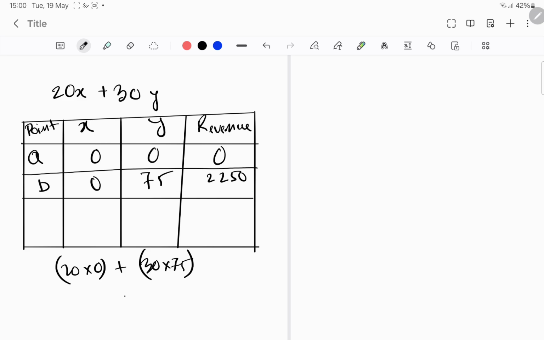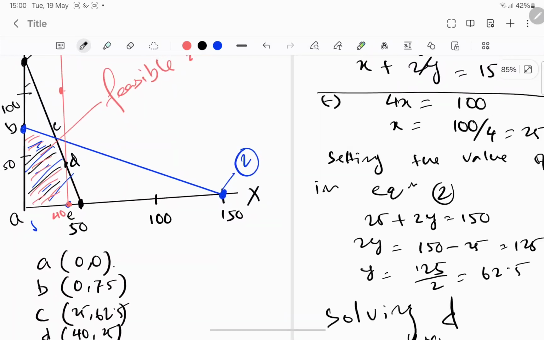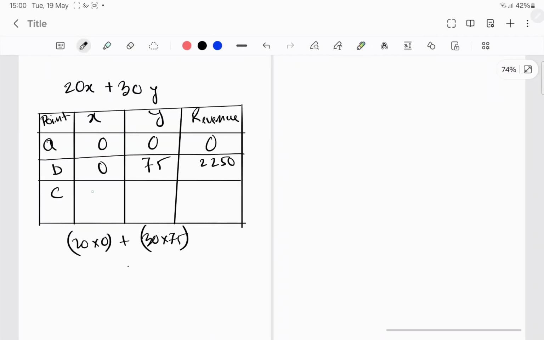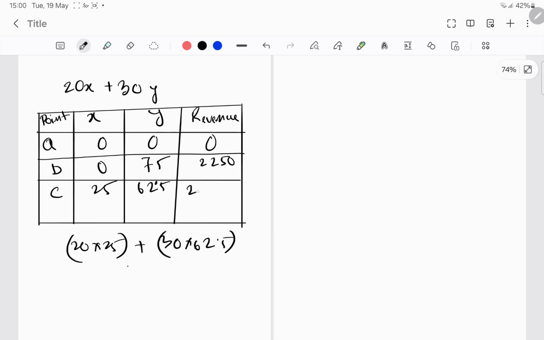Then point C. C is 25, 62.5. In that same way you can calculate, say 20 times 25 plus 30 times 62.5, and it will give us 2375.